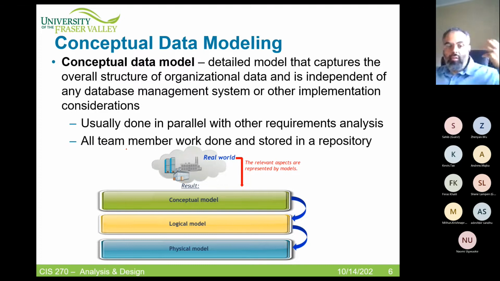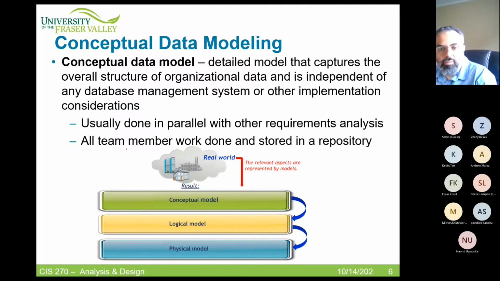For example, when you talk about the restaurant, we said that we have the waiter and the receptionist. They are real world concepts, and the actors can be part of the conceptual model, but there are more real world concepts that we have to deal with.